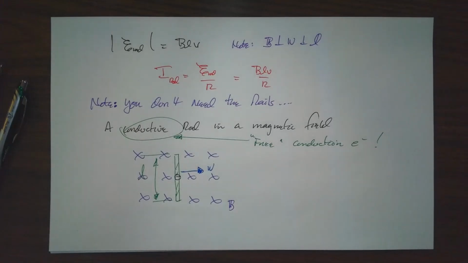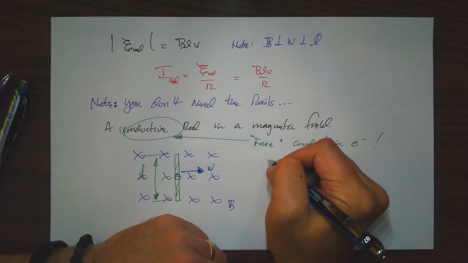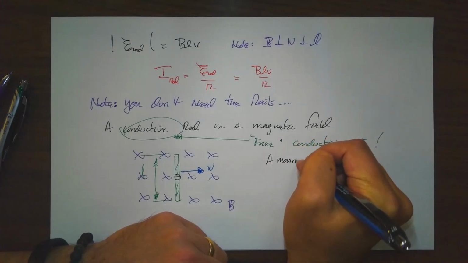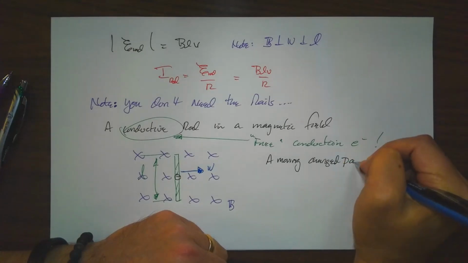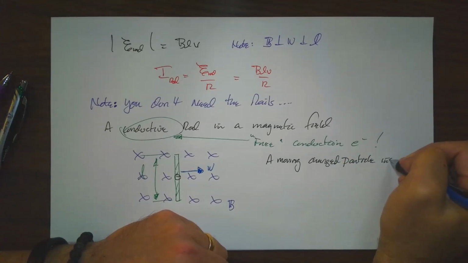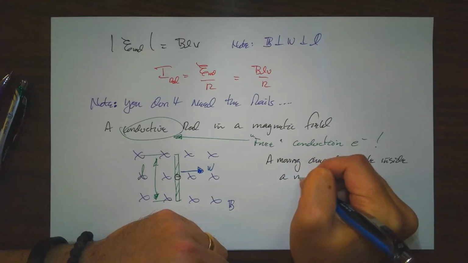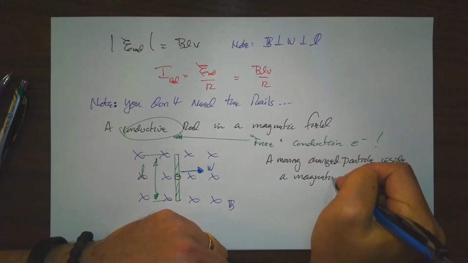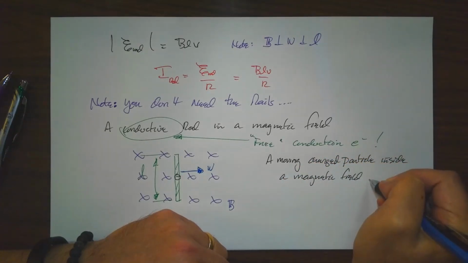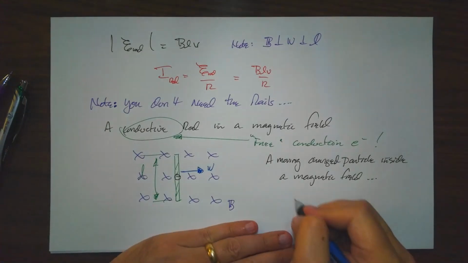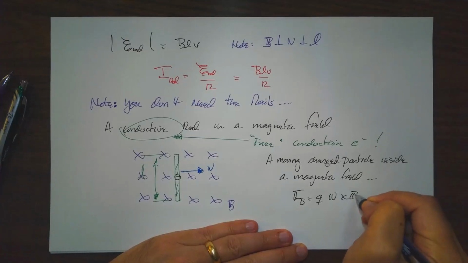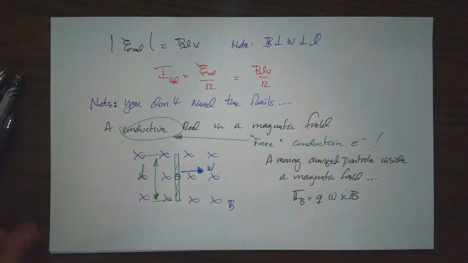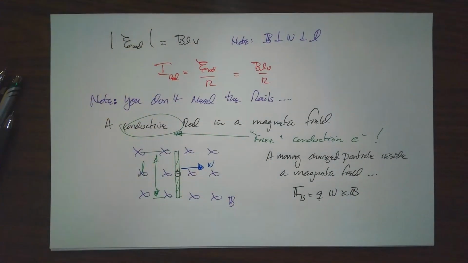Therefore, there will be a magnetic force on that charged particle. Okay, and then our magnetic force is Q V cross B. And so which way is the magnetic force on this electron?